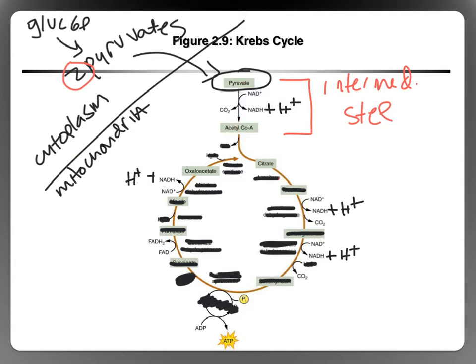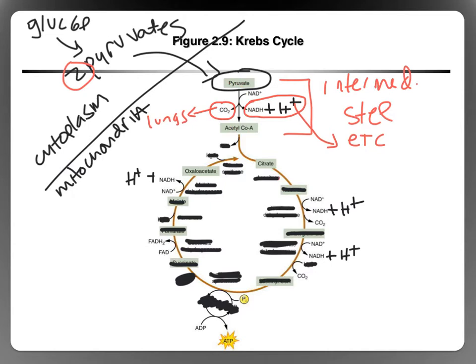In the process, we produce a CO2, and we end up with something called NADH plus H+. That CO2 is then going to go to your lungs, so we can get rid of it, exhale it. And the NADH plus H+ is going to go off to the electron transport chain and give us some ATP. We'll talk about that in another recording.